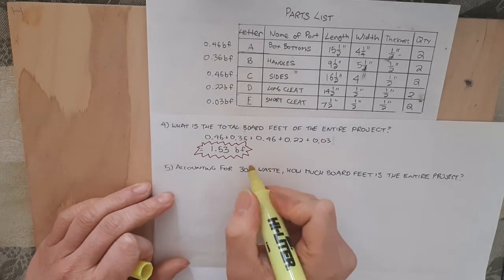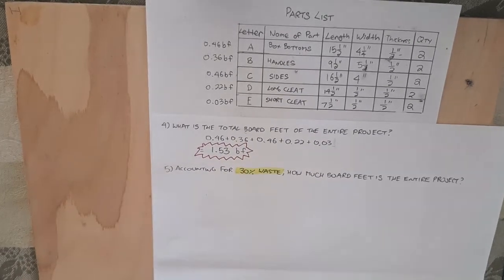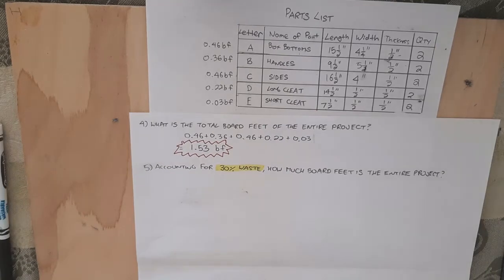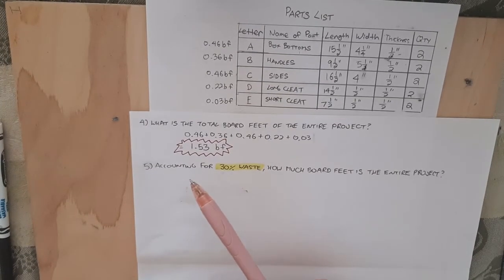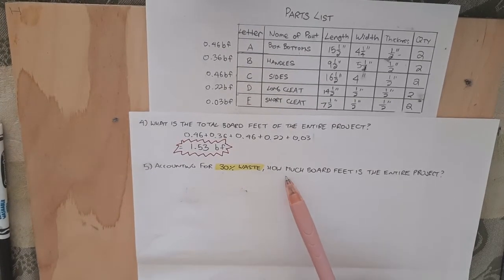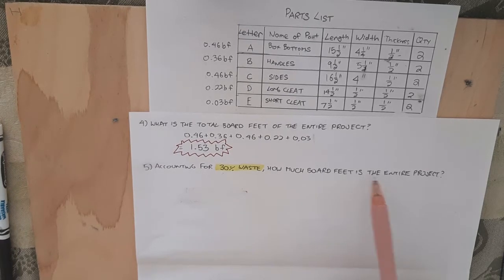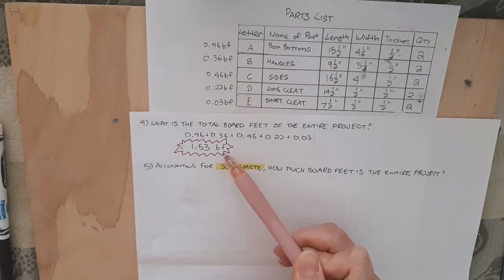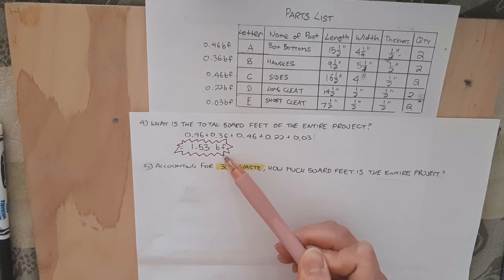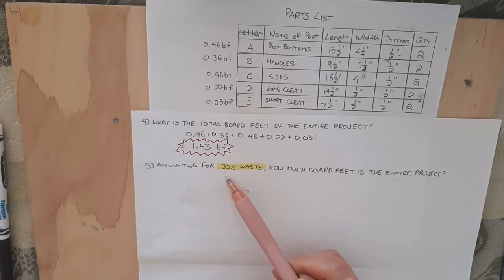So now let's account for 30% waste. So now to solve this problem, accounting for 30% waste, how much board feet do we actually need for the entire project? So essentially, to solve that, we would need to know the amount of board feet for the entire project, which we already have here, plus we need to add 30% waste.